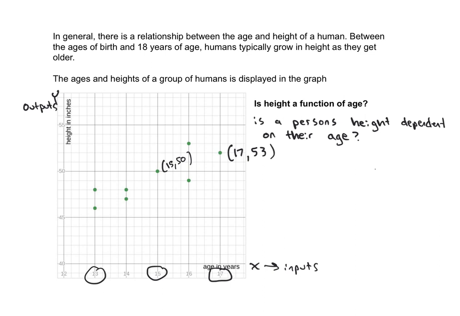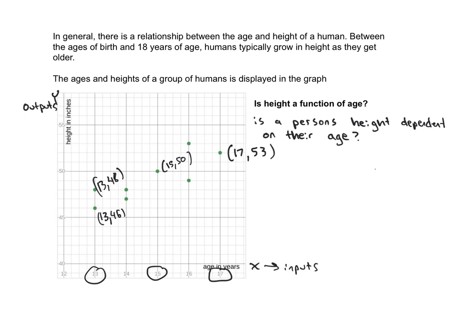What about a 13-year-old? You input the age 13, and all of a sudden, you get two different outputs. We have a 13-year-old right here who is 46 inches, and another 13-year-old who is 48 inches. So automatically, if we have an input with two outputs, that means it's not a function.